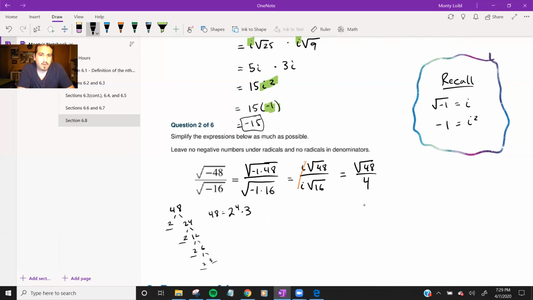right? Okay, so when we plug that back in, we're going to have the square root of 2 to the 4th times 3. Now, once we're here, we know what the square root of 2 to the 4th is, right? Because remember that this can be written as 2 squared raised to the 2nd power. You can raise that power up there. And so when we do that, we could separate it.